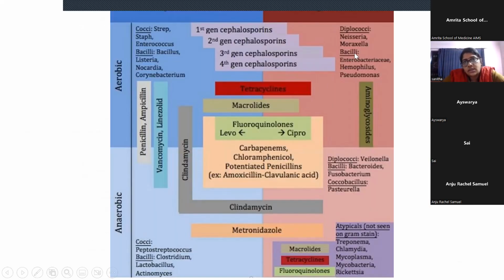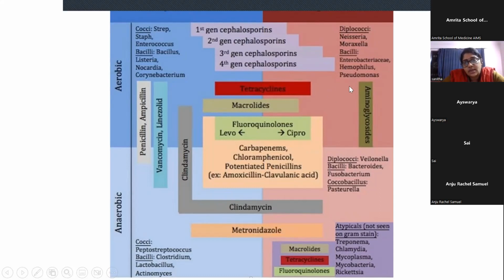So the gram-negative bacteria, the common ones, that is Diplococci or Neisseria, Moraxella, then the enterobacteria, that is the bacilli, Haemophilus, Pseudomonas. So for these organisms, if you see, the aminoglycosides are the commonly used antibiotic.